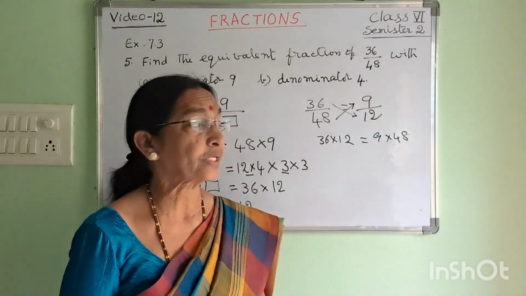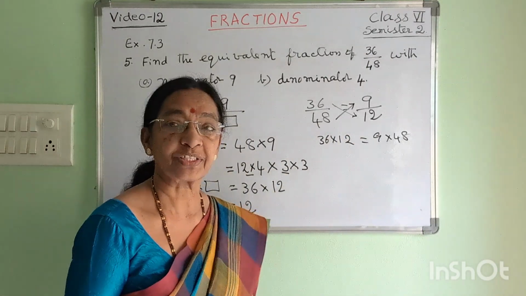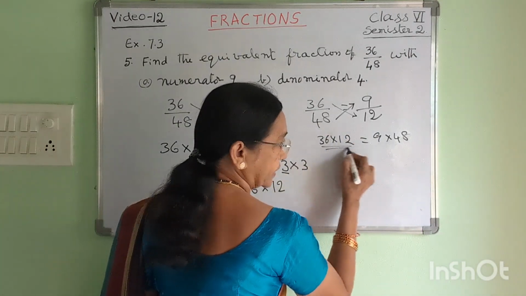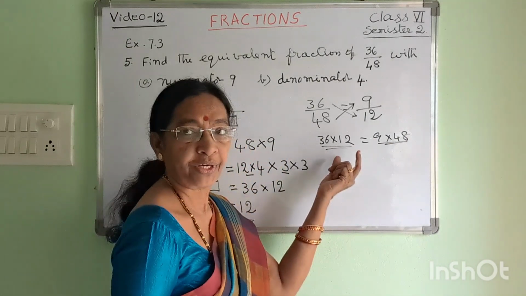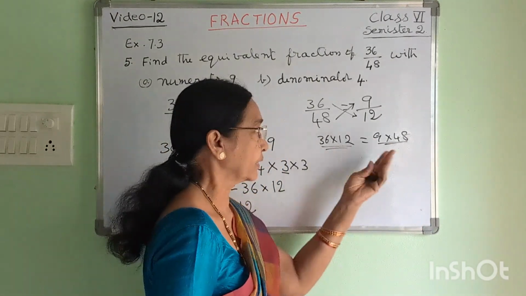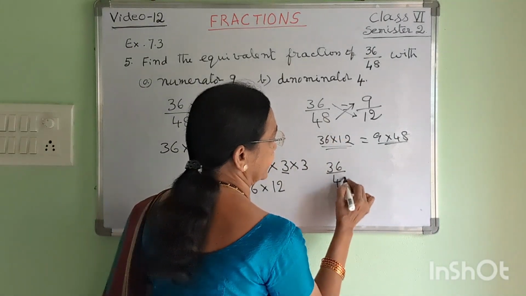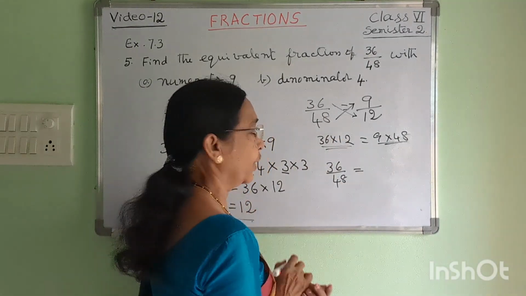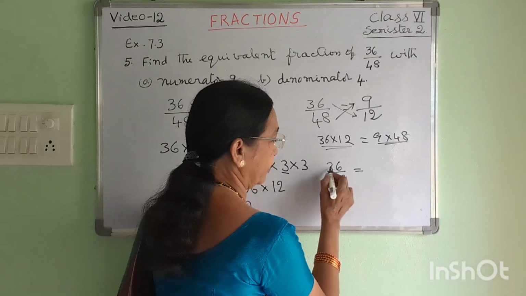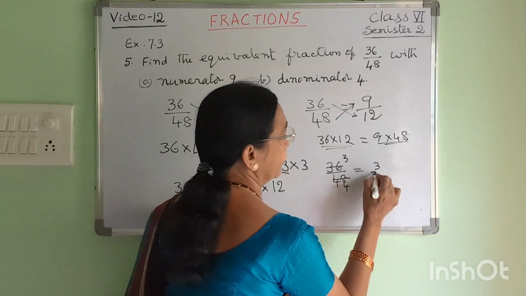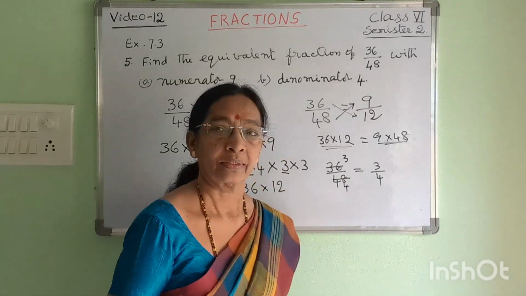Or, converting both the fractions into their simplest form, you can find out the products and check that they are equal. Simplest form of 36 by 48: both are divided by 12, therefore 12 3s and 12 4s, 3 by 4.